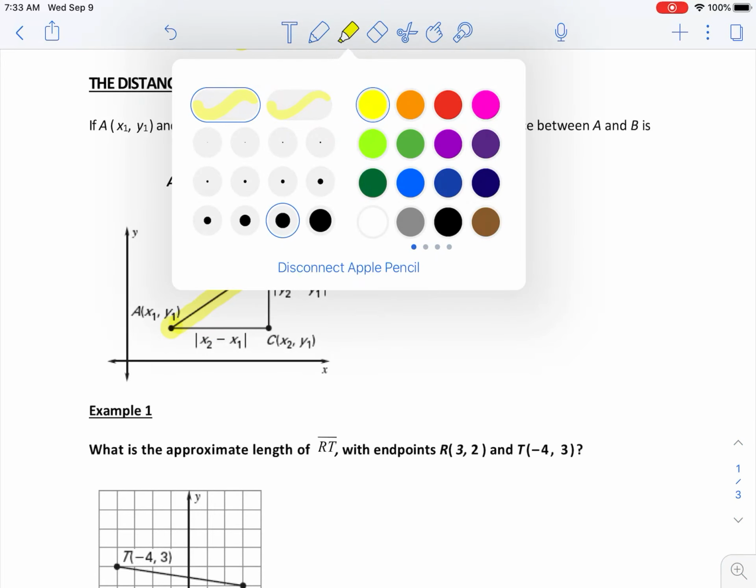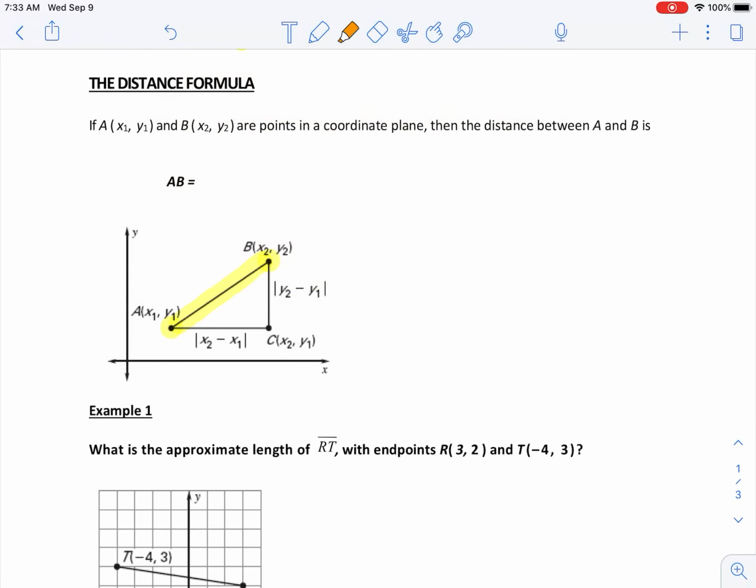I want to talk about what the formula actually does. It takes the horizontal distance, the x2 minus x1, between A and B, and it takes the vertical distance between A and B. Really, it applies something called the Pythagorean theorem.